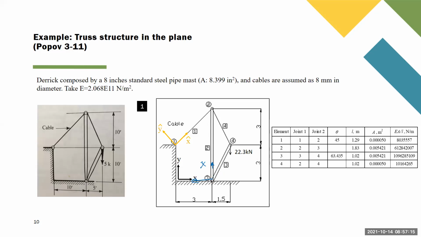That's going to be your local reference of the second element. But you have to be careful because the first joint of your element is going to be joint 3, and the second joint is going to be joint 2. So when you form the global stiffness matrix, you have to be careful who is your first and who is your second joint. That's all.